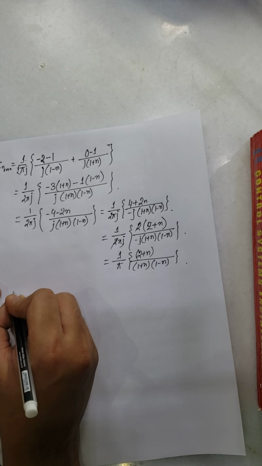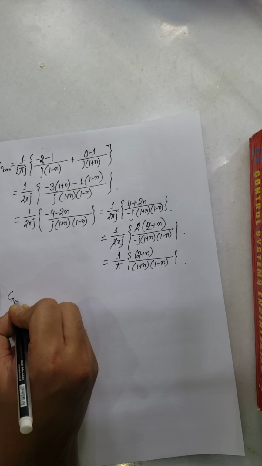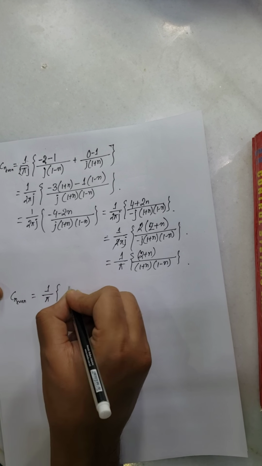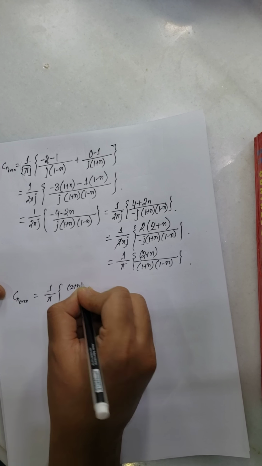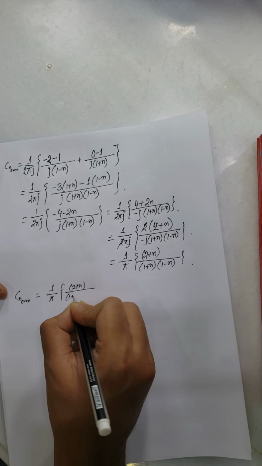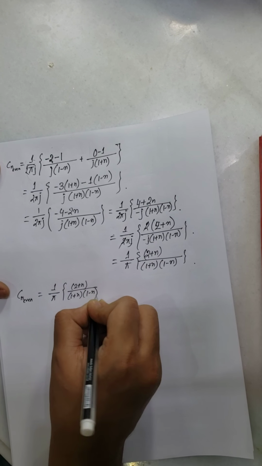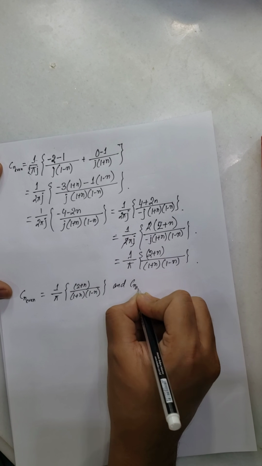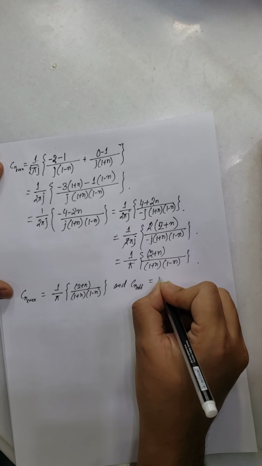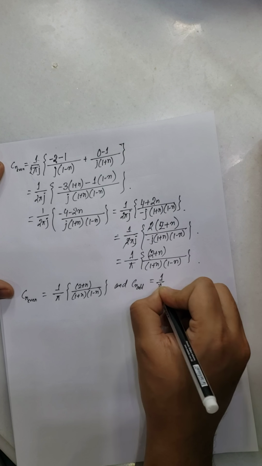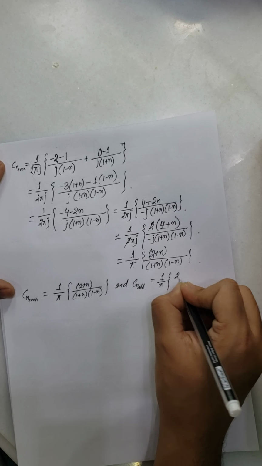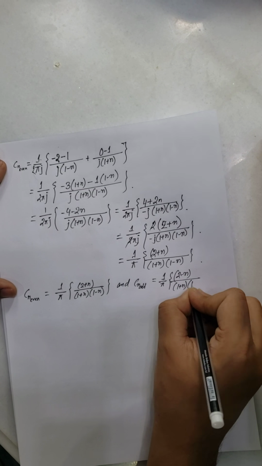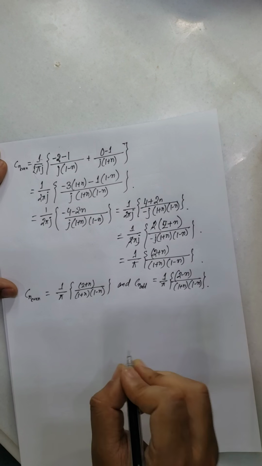Now, as we have seen, Cn even will become 1 over pi, 2 plus n, 1 plus n, 1 minus n, and Cn odd in turn becomes 1 over pi, 2 minus n, 1 plus n, 1 minus n.